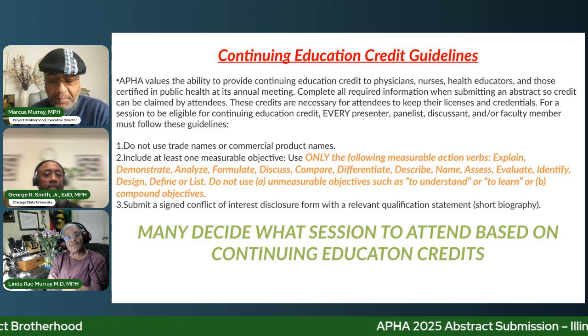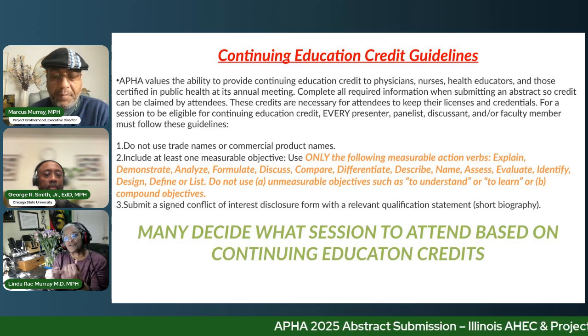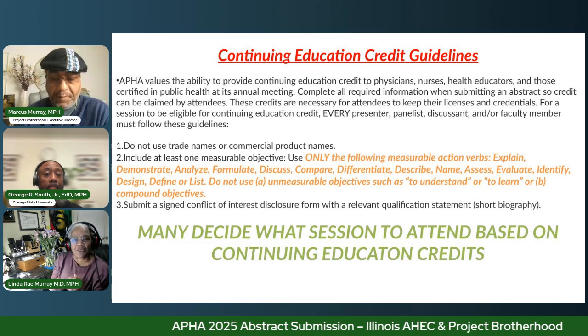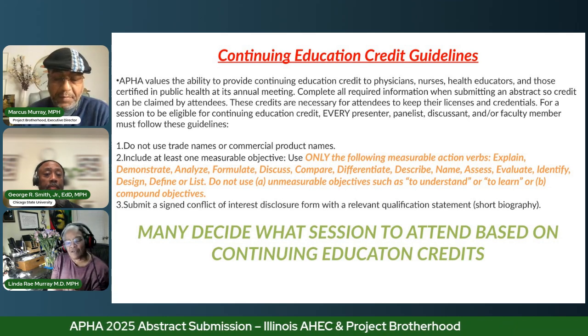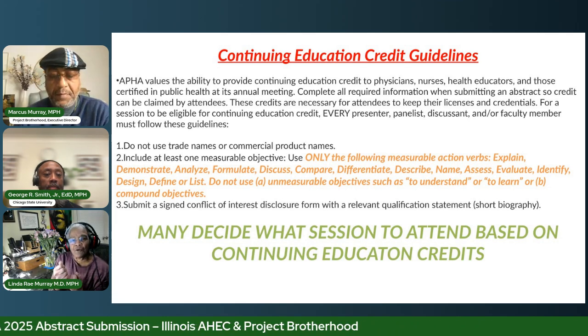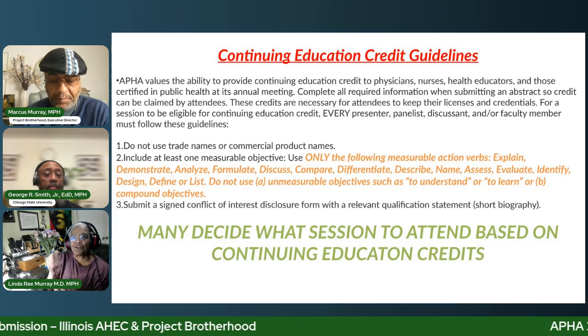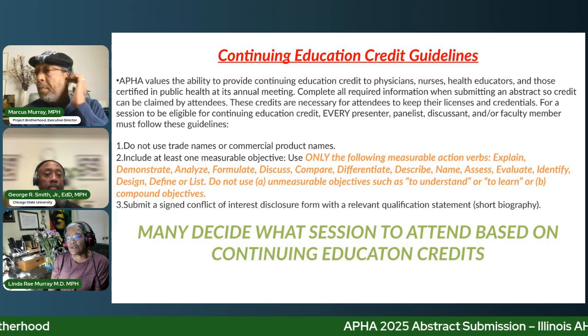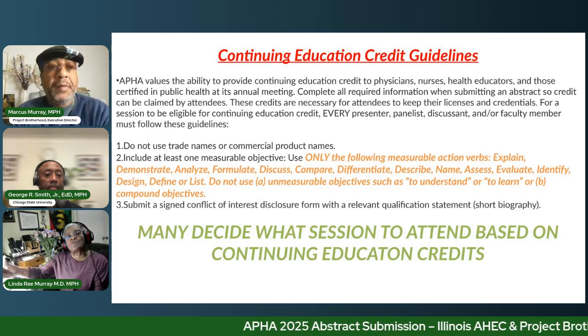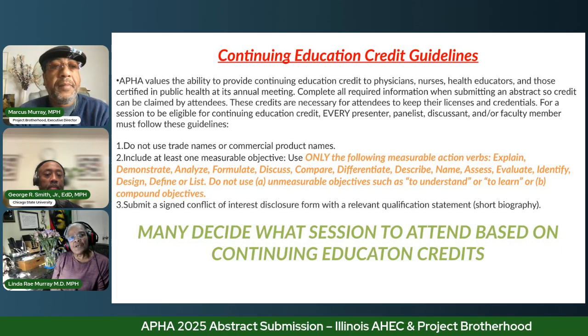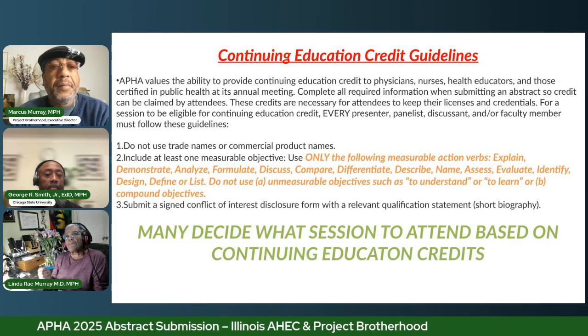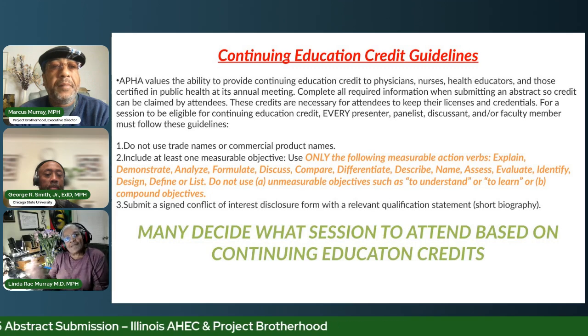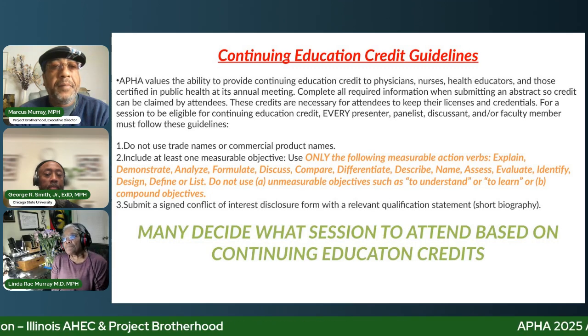All three of us are in Illinois, so if you're a licensed social worker in Illinois, you have to get so many continuing education credits a year. If you're a physician, a pharmacist, a dentist, a nurse, you'll know in your area if you have to get continuing education credits. And APHA is able to offer a lot of those credits. You can sign up for them when you register. Usually it costs a little money to get credit for that, but that's important.